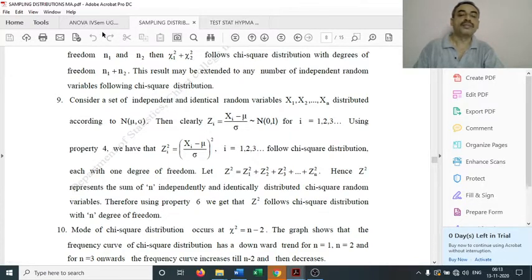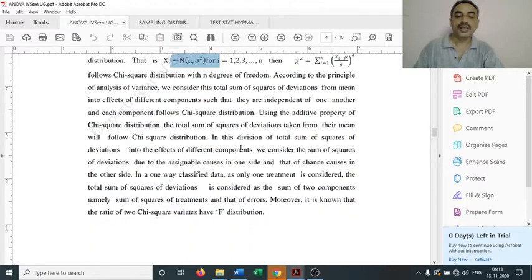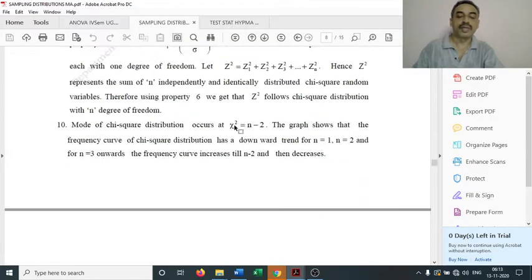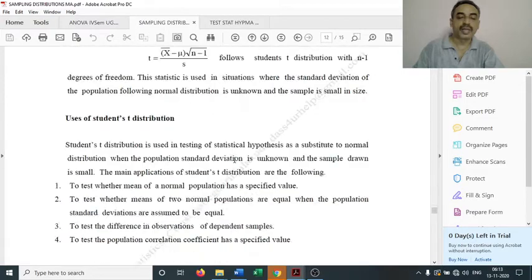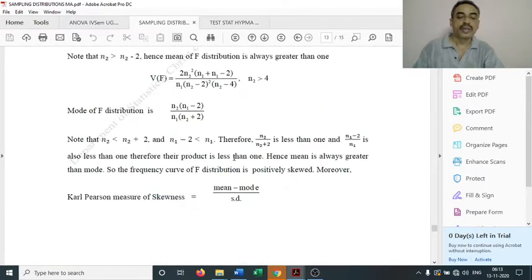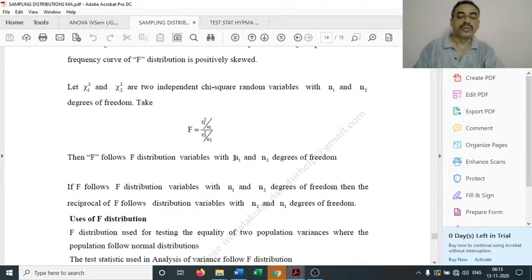Thereafter, we come to another statistic which deals with the ratio of two independent chi-square random variables. In the F distribution, we have this property: if chi-square 1 and chi-square 2 are two independent random variables following chi-square distributions, then F equals (chi-square 1 by n1) divided by (chi-square 2 by n2) follows an F distribution with n1 and n2 degrees of freedom.